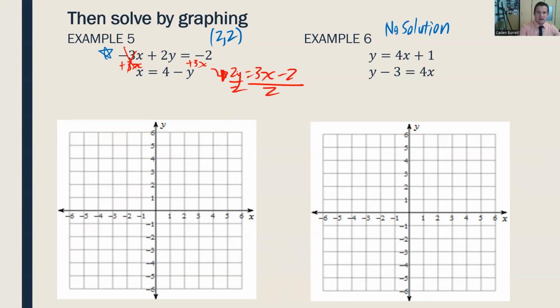Then I would divide both sides by 2, leaving me y equals 3/2 x minus 1, since 2 divided by 2 is 1. So flashing back to the beginning of this lesson, -1 is my y-intercept, and I go up 3 over 2, up 3 over 2, down 3, left 2, etc. So this is my graph.